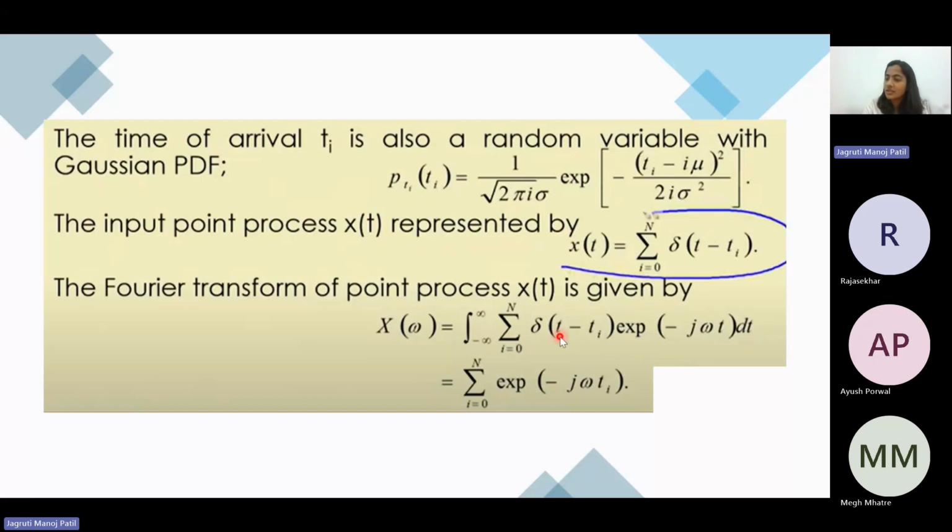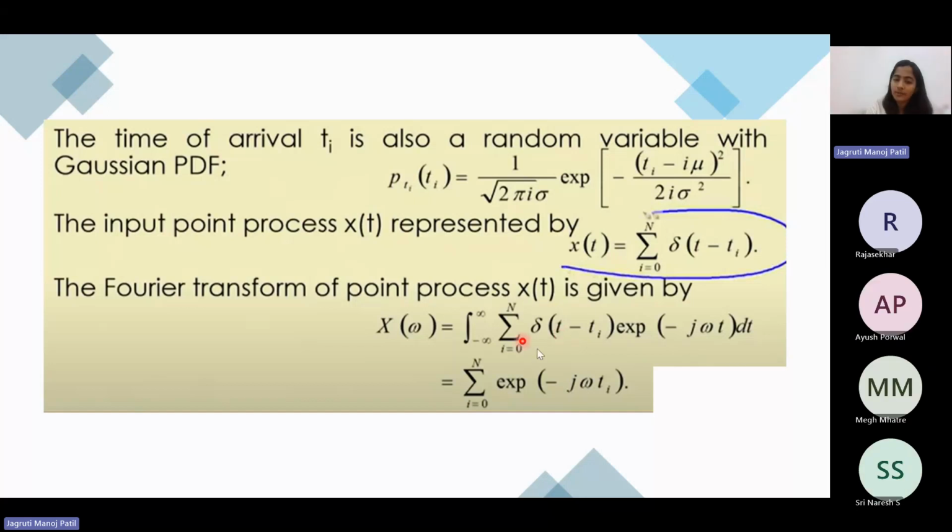So if you want to find where the impulse gives an output, you see that t minus ti equals 0, so t equals ti. Hence it's defined for this exponential at ti. That's it.